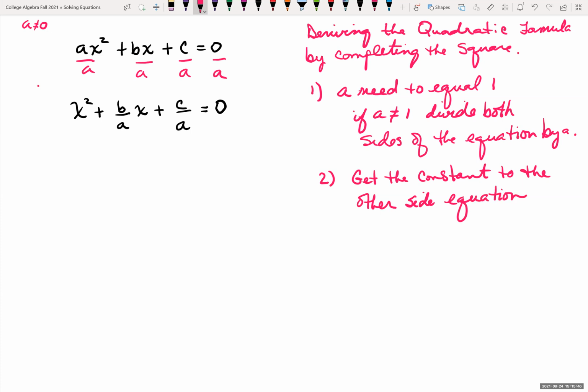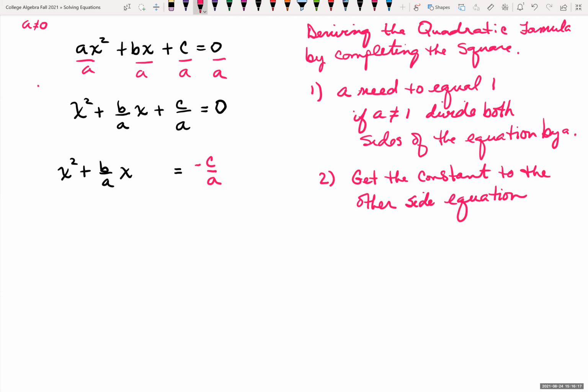So if we subtract c over a on both sides, that's going to give us x squared plus b over a x is equal to negative c over a. And so we've isolated our variables, got our constant to the other side.